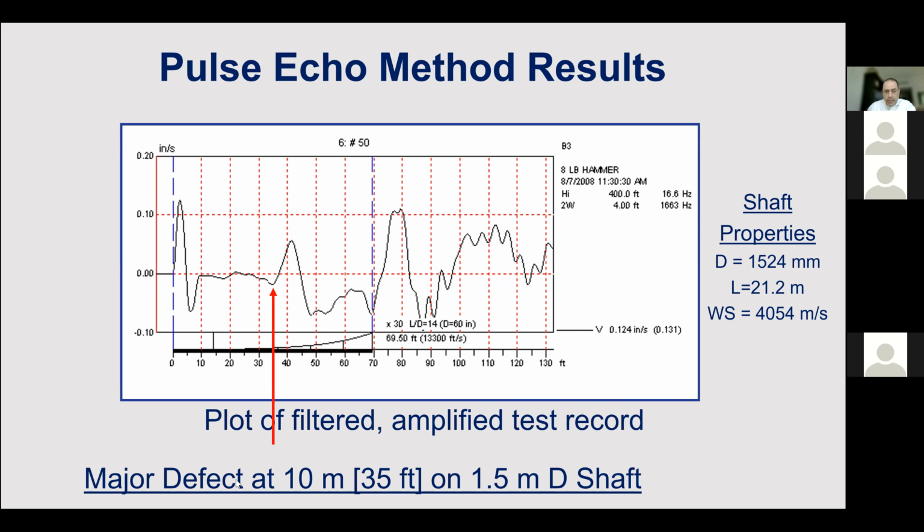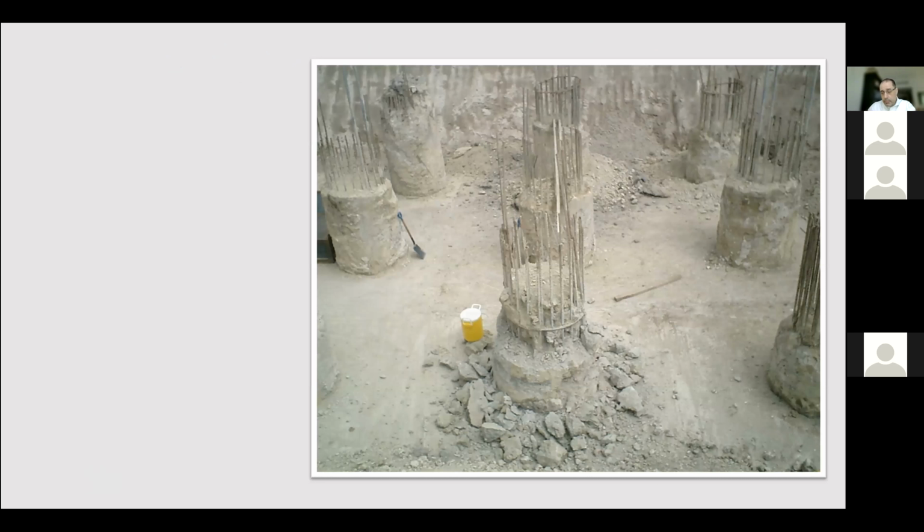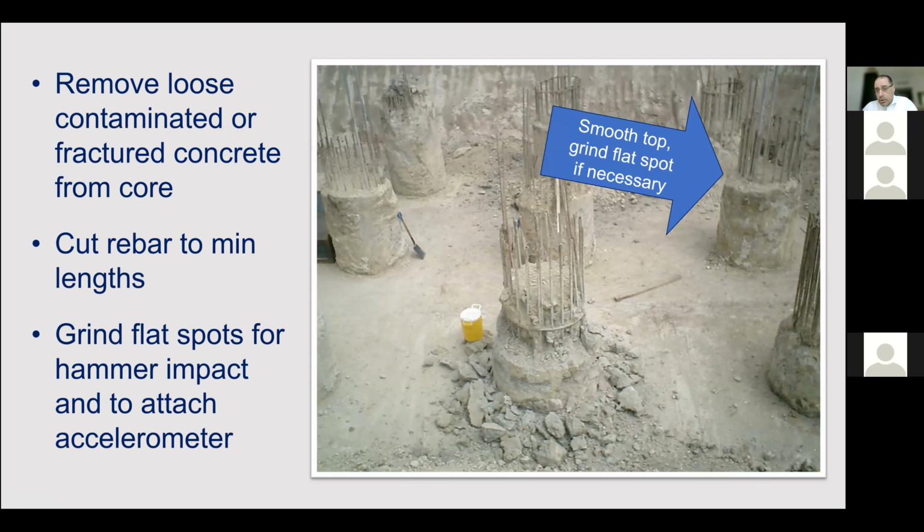So, preparation of the pile top in this method: usually you don't get such nice situations in which the pile is clean and very comfortable to test. In many situations, you end up with issues like this one, in which the pile needs to be prepared. You need to remove the loose, contaminated or fractured concrete on the top.